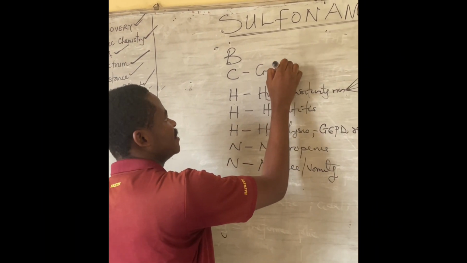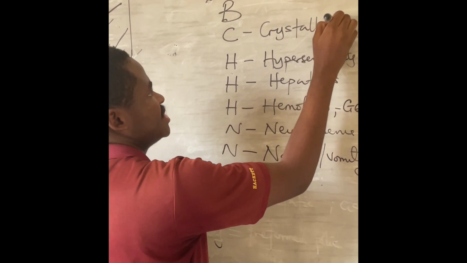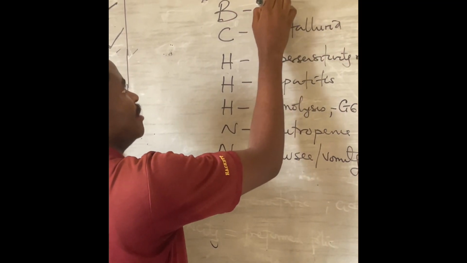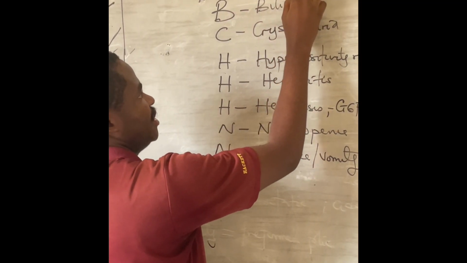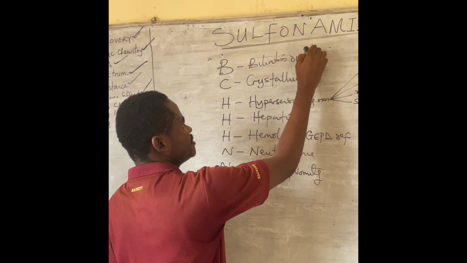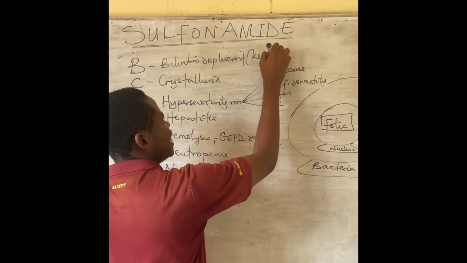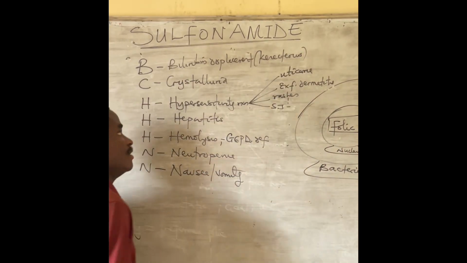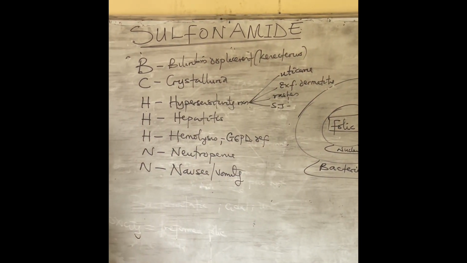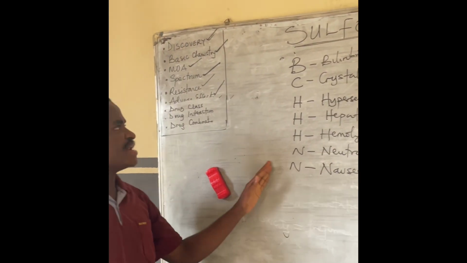Crystalluria. And then B here, bilirubin displacement. For bilirubin displacement, another name in case you see it in your textbooks is kernicterus. Alright. So these are an acronym to use to remember the adverse effects of sulfonamide.